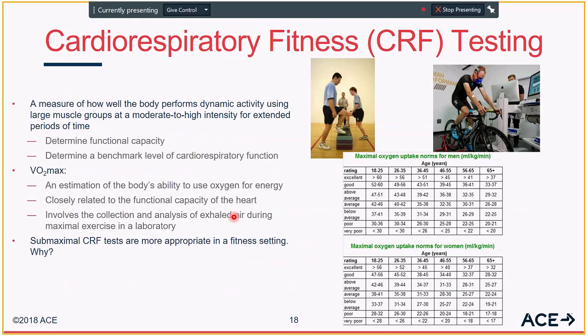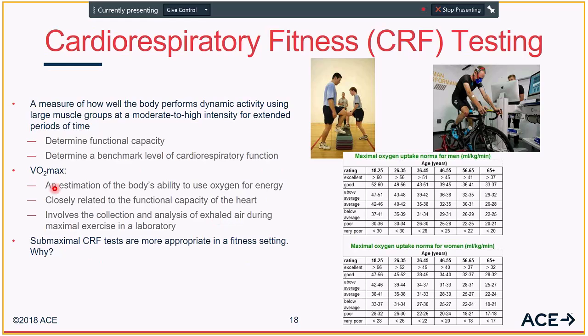Other form of tests is cardiovascular. So in cardiovascular tests, that's being able to be more efficient with your respiratory system and be able to run faster or take in more oxygen during your cardio.